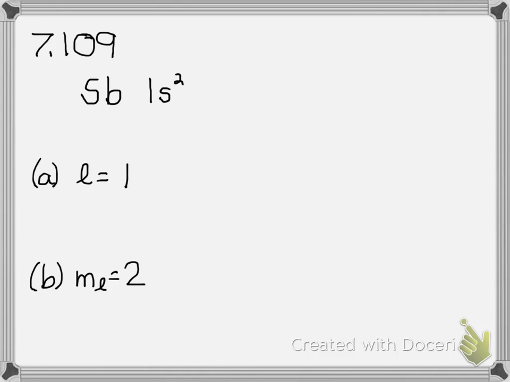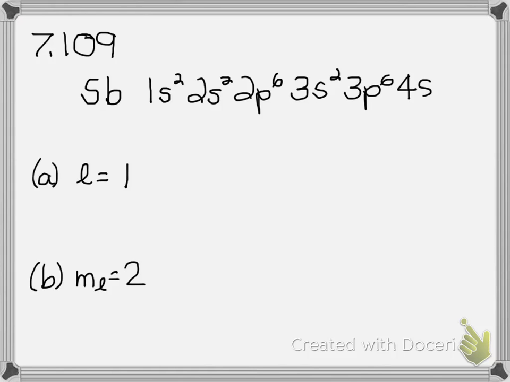I'm just going to write it out because I think it will help you visualize what we have to do. I'm going to have to go down on the second line because antimony is way down in the 5th period.